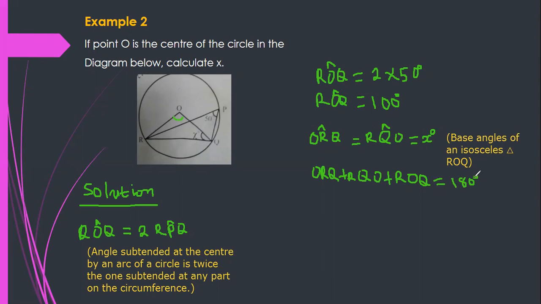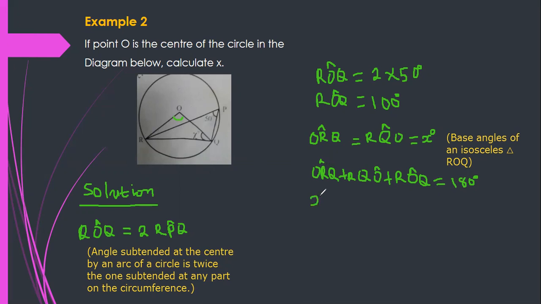Why? The sum of angles in a given triangle is 180 degrees, and we have triangle ROQ here, which is an isosceles triangle. So, let's put the angle sign. Okay. So, ORQ is equal to RQO, which is given as x.